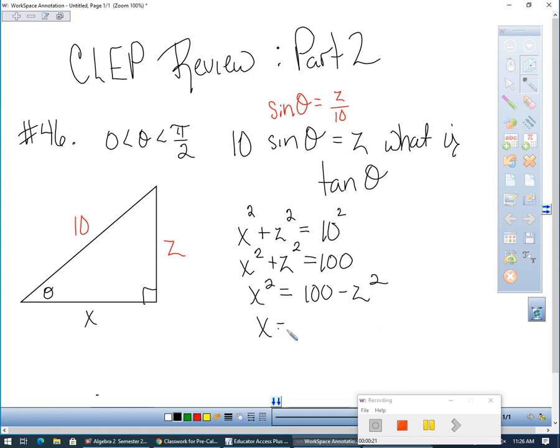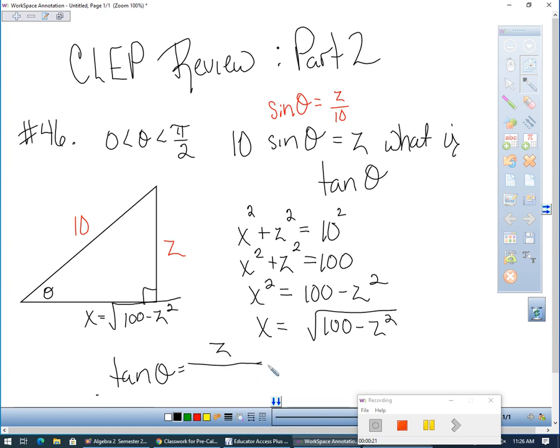So I get x equals the square root of 100 minus z squared, which is this side over here. Alright, and as we talk about tangent, remember that tangent is the opposite over adjacent. So from here, opposite would be z. Adjacent would be the square root of 100 minus z squared.